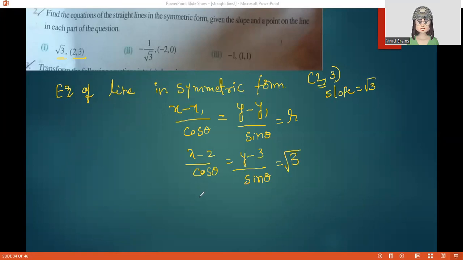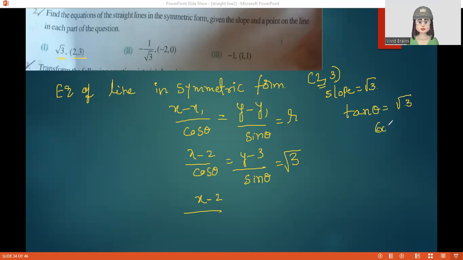So x minus 2, we can write this as, because x minus 2 by cos theta is here, slope is root 3. That means tan theta is equal to what? Tan theta is equal to root 3.